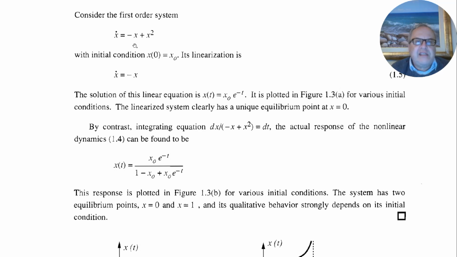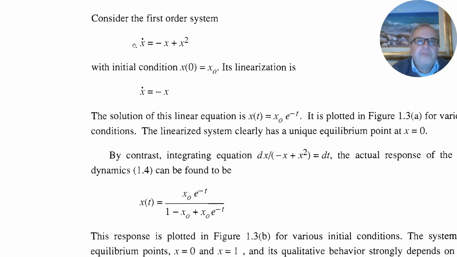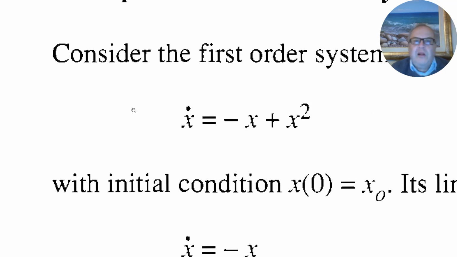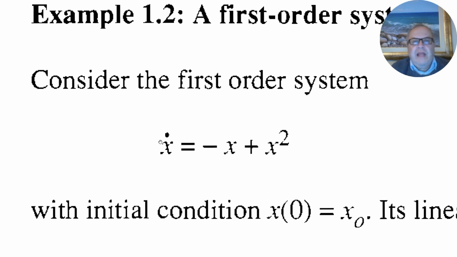So for this simple system, the points 0 and 1 are equilibrium points. Why are these points equilibrium points?